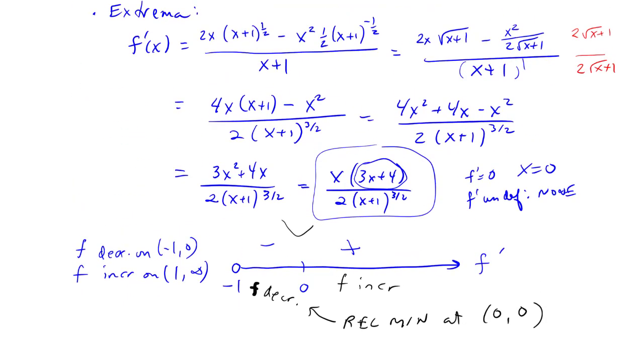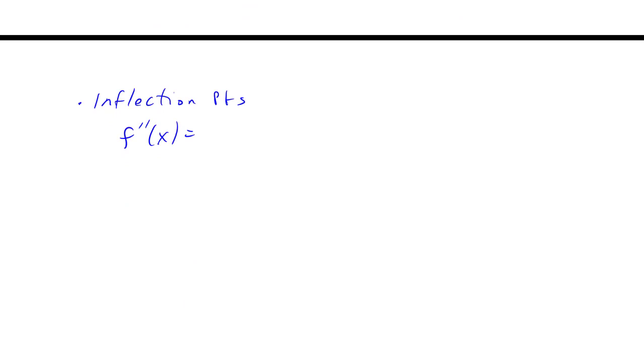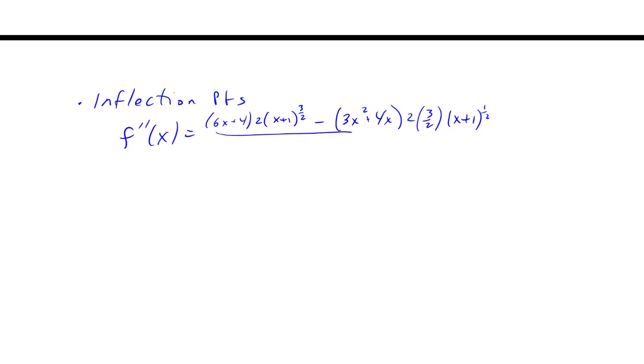If I go back to the first derivative, and I would probably use some form like this, then you're going to get (6x + 4) times (2x + 1)^(3/2) minus (3x squared + 4x) times the derivative of the denominator, which would be 2 times 3/2 (2x + 1)^(1/2), and that's over the denominator, (2x + 1)^(3/2), all squared. All right, so this is a really, really messy one.